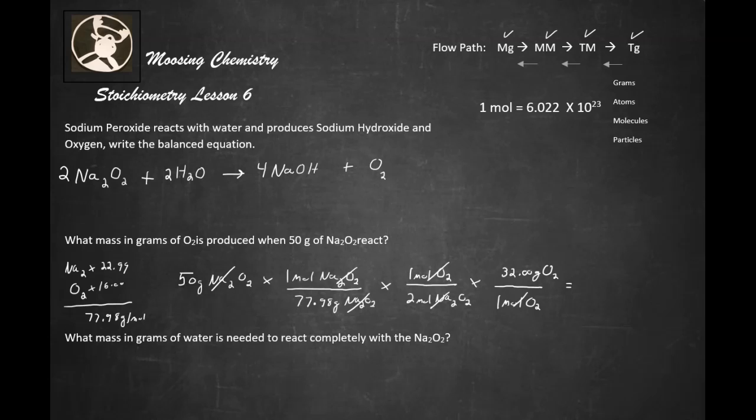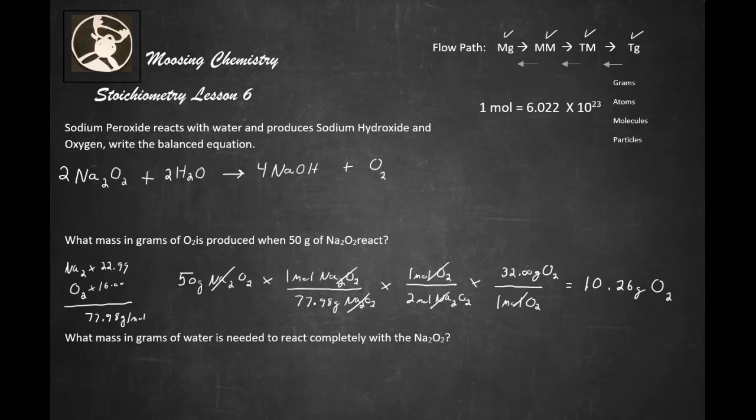And I get 10.25 grams. All right, that's how many grams of oxygen I make. That's actually going to be 10.26 grams to be more correct of O2. Snarls. Okay, now the last question.